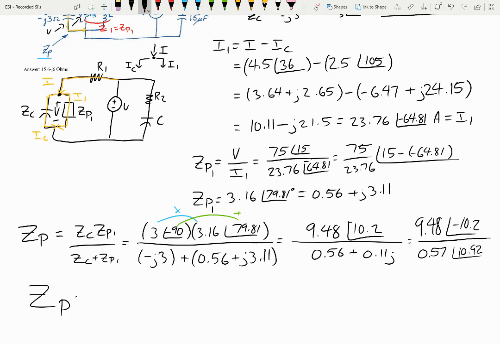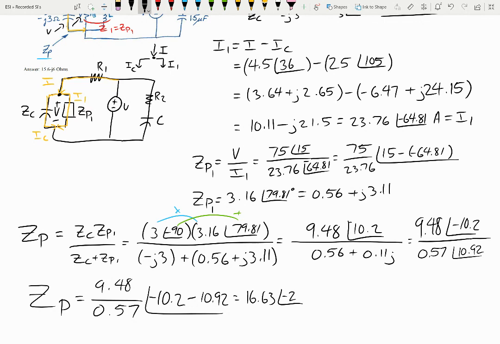So finally, we will get 9.48 over 0.57, negative 10.2 minus 10.92, which will give us 16.63 at an angle of negative 21.12.